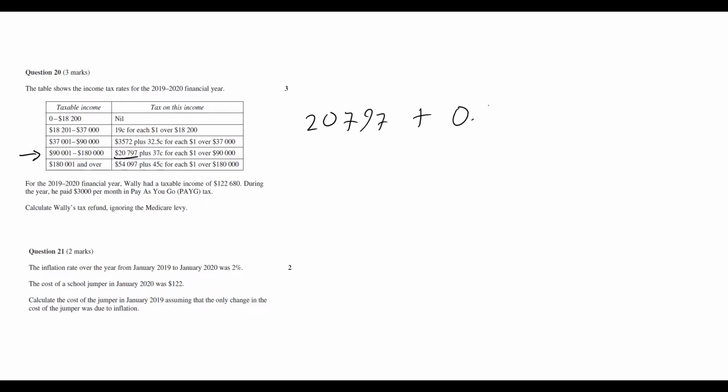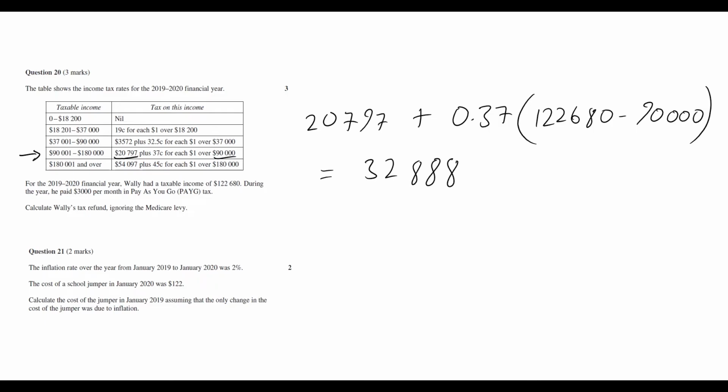So 37 cents is 0.37. And then we're going to say the difference between how much he earned and that value there. So 122,680 subtract 90,000. Okay, fantastic. So when we calculate that, we get a value of $32,888.60.